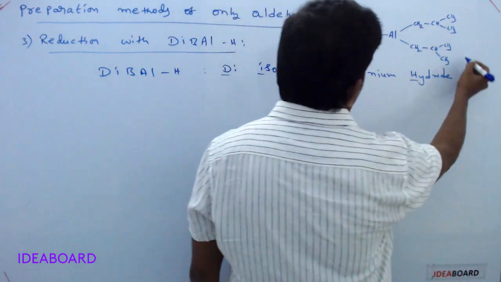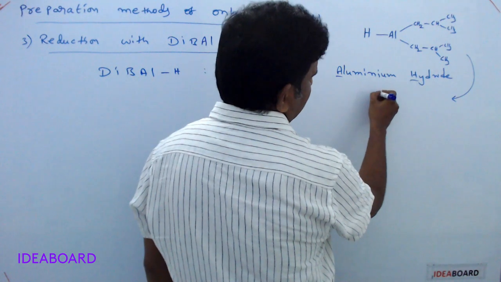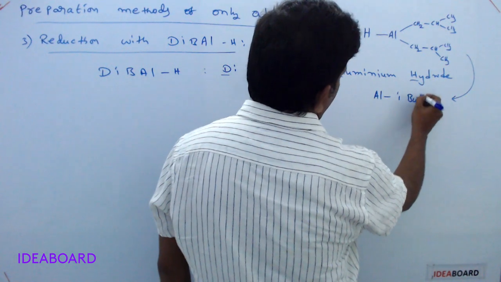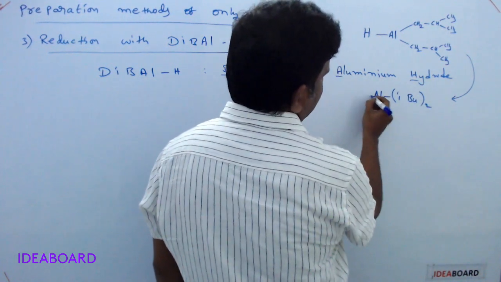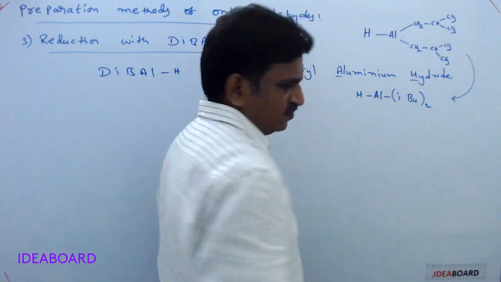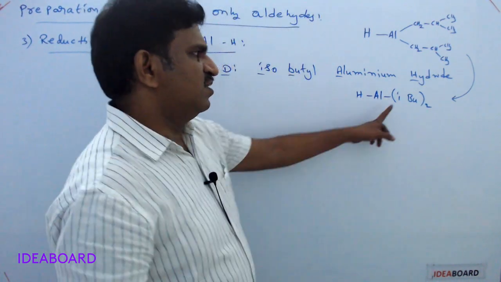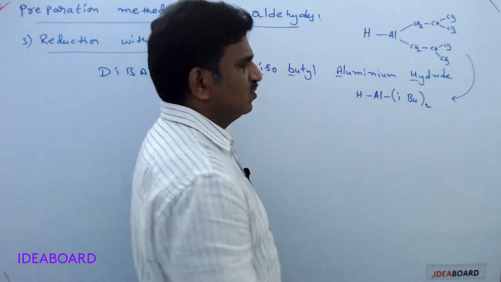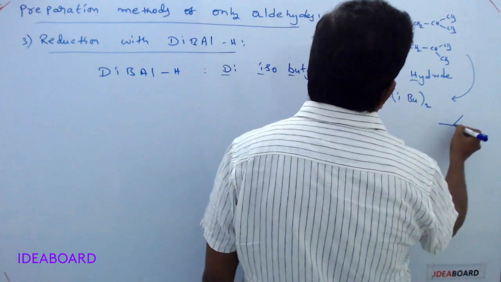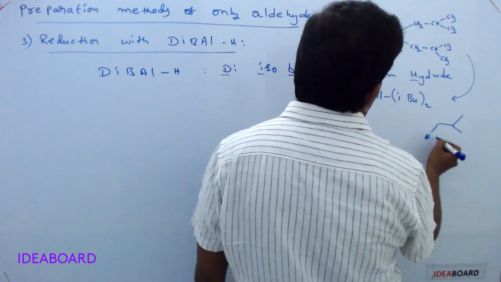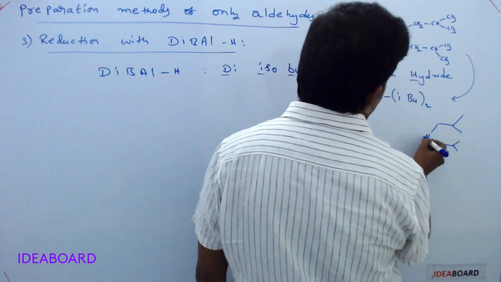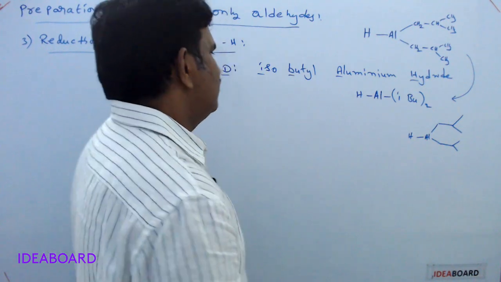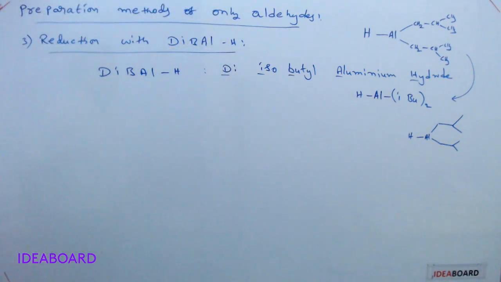We can indicate this simply as Al with IBU taken twice and a hydrogen. Please remember that sometimes they may use normal bond line structure instead of the isobutyl group. This is also DIBAL-H, the diisobutyl aluminum hydride reagent.